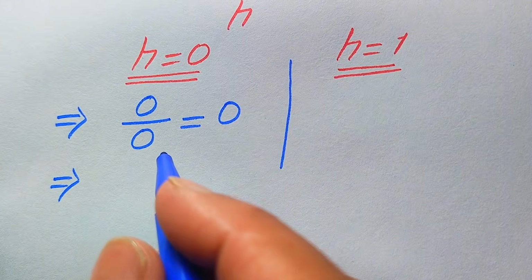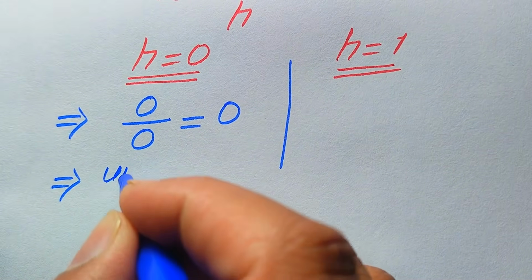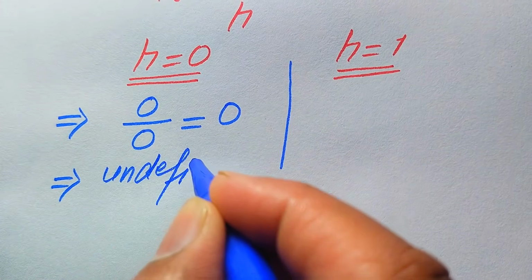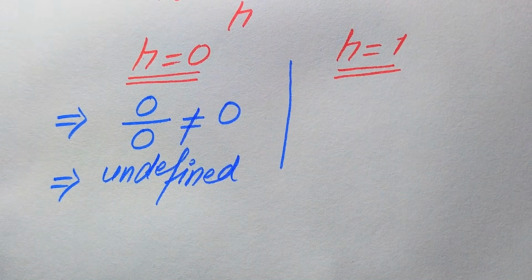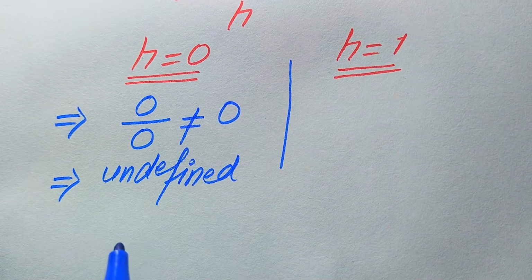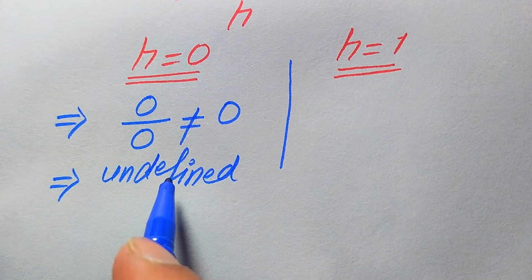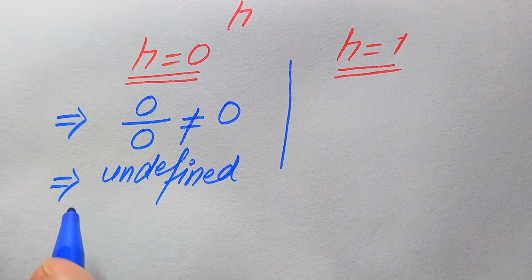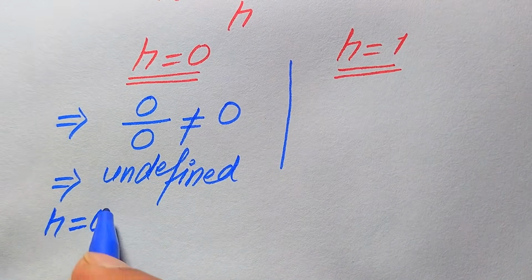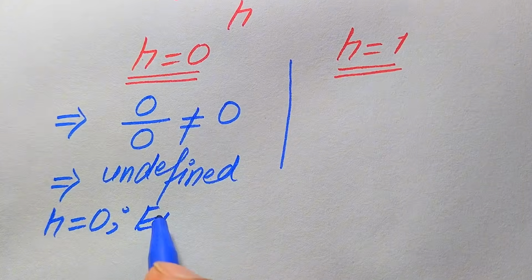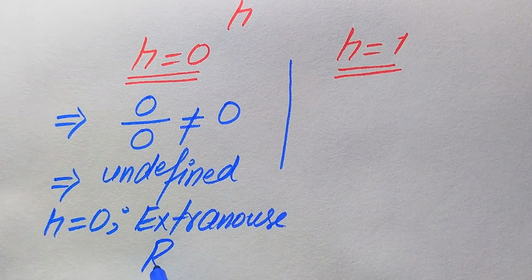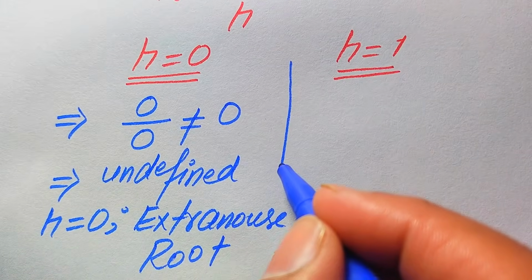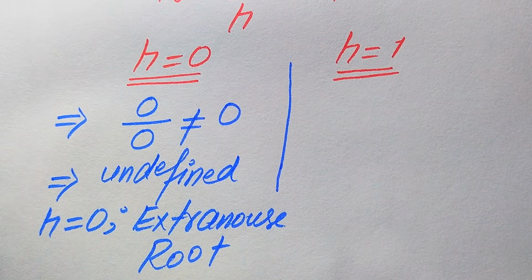If the 0 over 0 form is indeterminate or undefined, this means that both sides are not equal, and this concludes that h equals 0 does not satisfy our given question statement. So we conclude that h equals 0 is the extraneous root of the given equation. This is the extraneous root because it does not satisfy our given question statement.